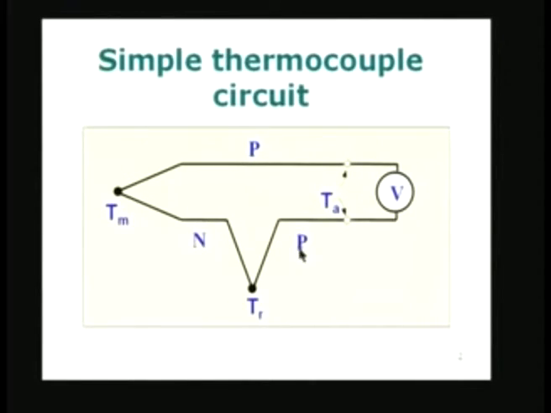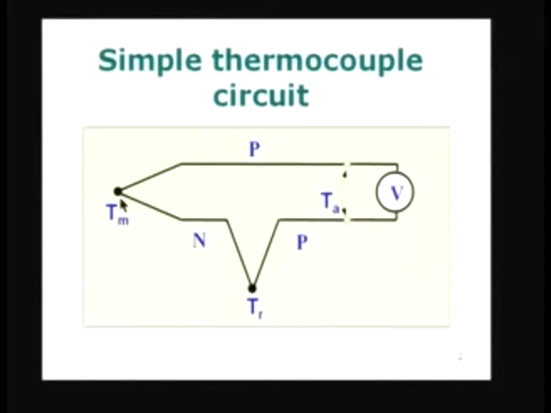Invariably, when you have a thermocouple circuit, you have to make connection to a voltmeter or a potentiometer, and that requires, as you see here, 2 junctions to be formed immediately. There are 2 extra junctions, one between the P material and maybe the wire which goes to the voltmeter, which is a copper wire, and similarly from the P material here I will have another wire which probably is a copper wire. So, you see that as soon as we have a connection to the voltmeter, we have 2 extra junctions.